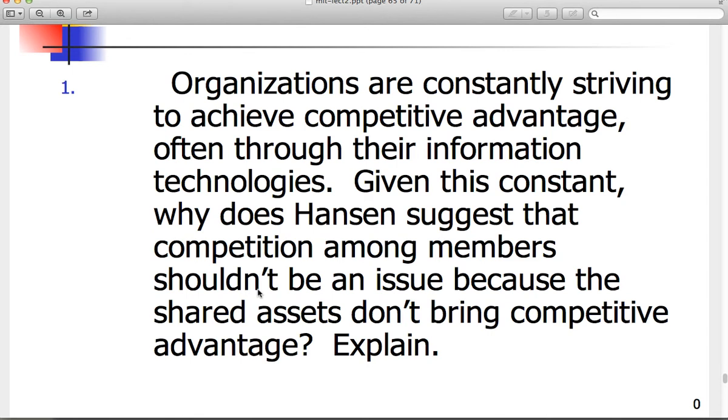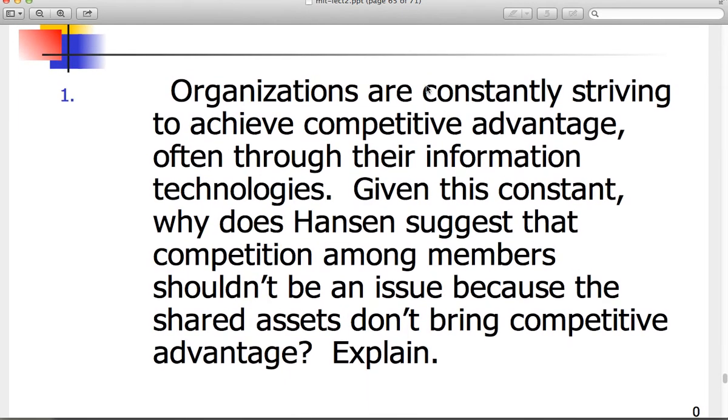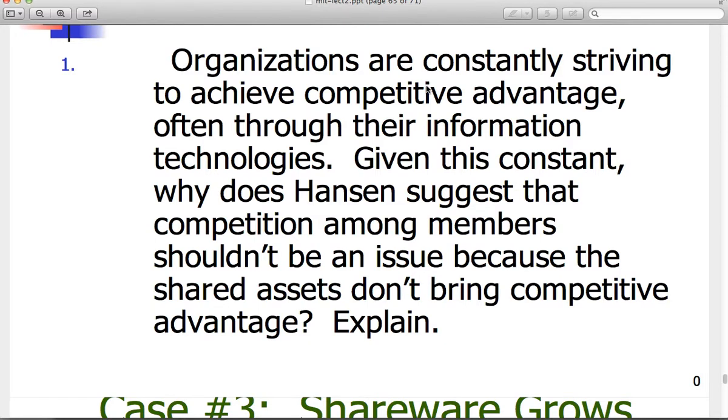Organizations are also constantly striving to achieve competitive advantages. So cooperation among different companies, you might think, deters competition. It can actually create it as well. If you all have the same playing field, it makes you more innovative in terms of how you're going to succeed over your competition.